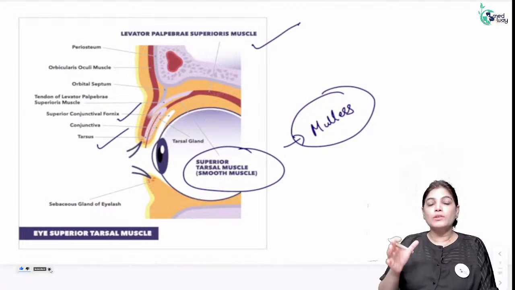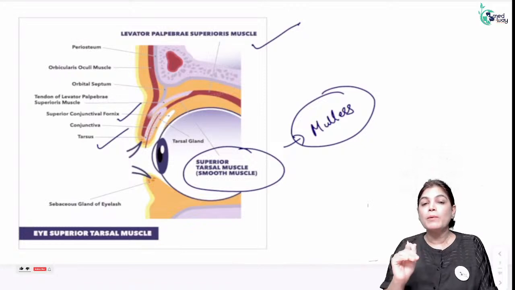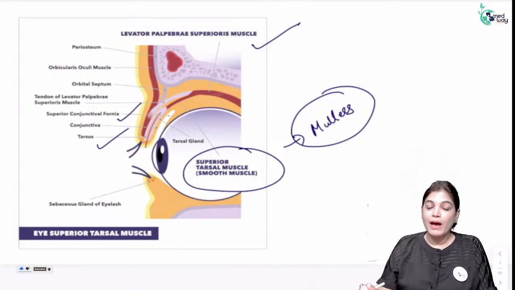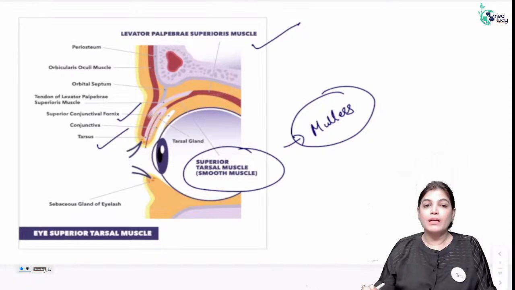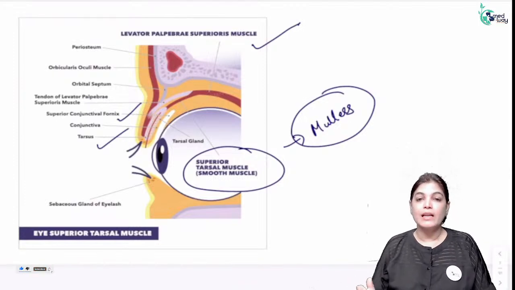Why do I want you to know this concept? Complete ptosis, or complete drooping of the upper eyelid, will happen only when both the skeletal muscle fibers and the smooth muscle fibers are paralyzed. The oculomotor nerve gives innervation to all extraocular muscles of the eye except LR6 and SO4, that means except the lateral rectus and the superior oblique.